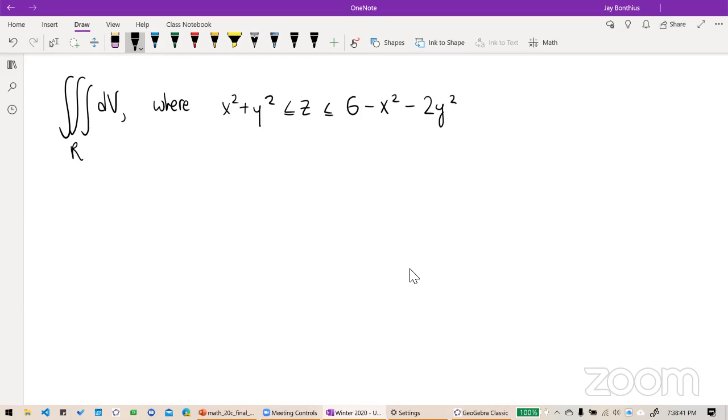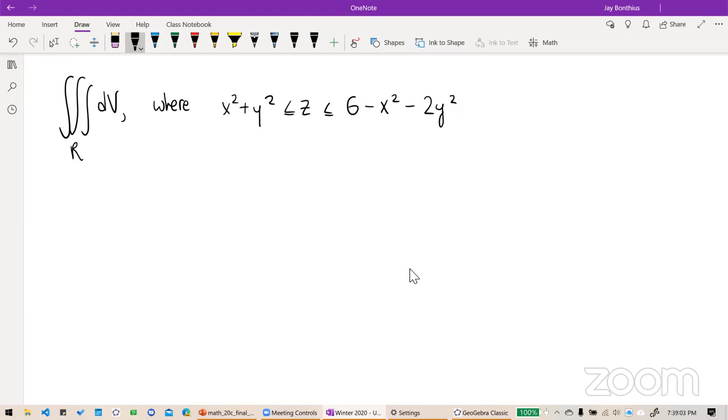So both of these are paraboloids. The one on the left is an upward facing paraboloid with its vertex at the origin. And the one on the right is a downward facing paraboloid, an ellipsoidal paraboloid, so it's not circular, and its vertex is at the point 0, 0, 6, so it's shifted up by 6.